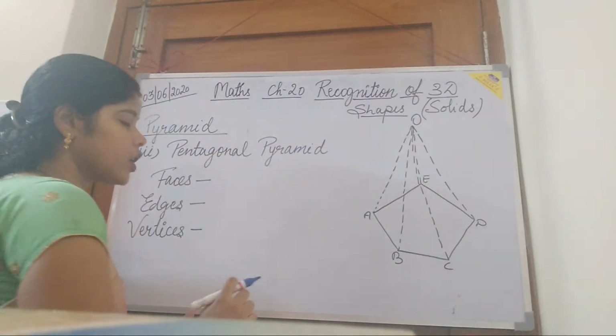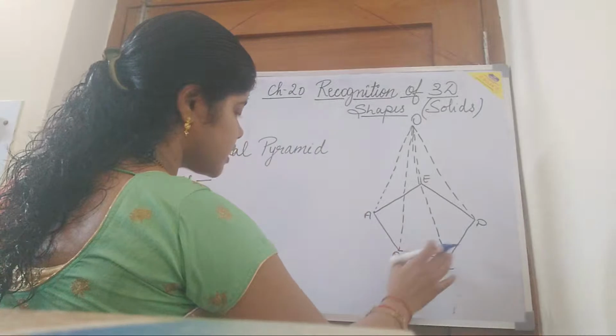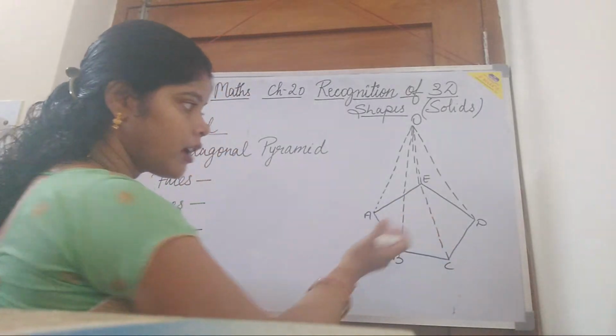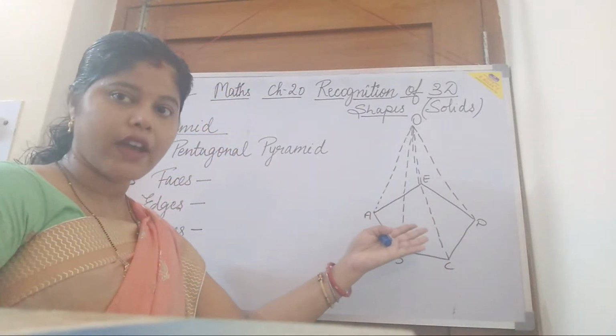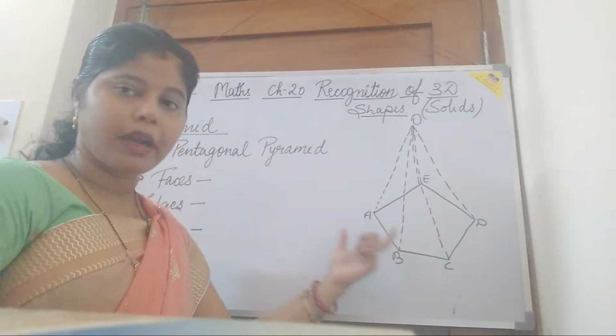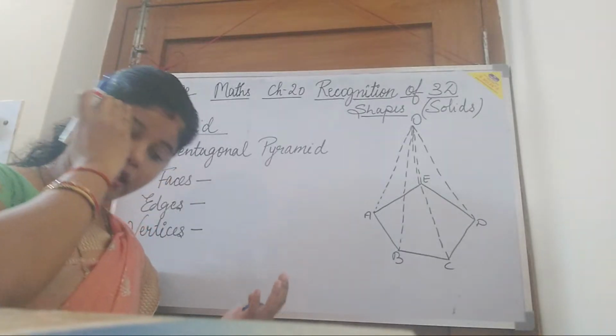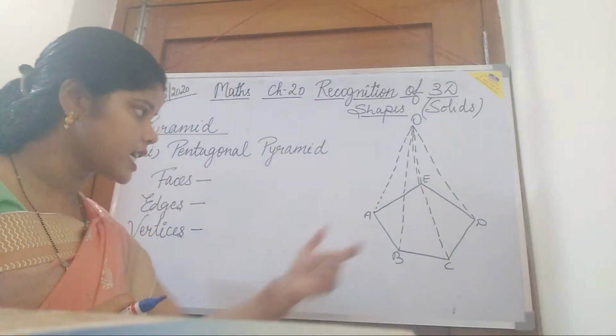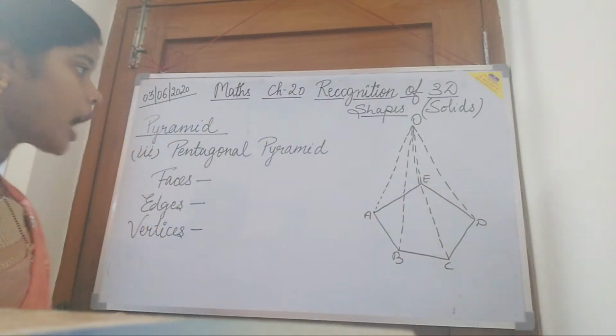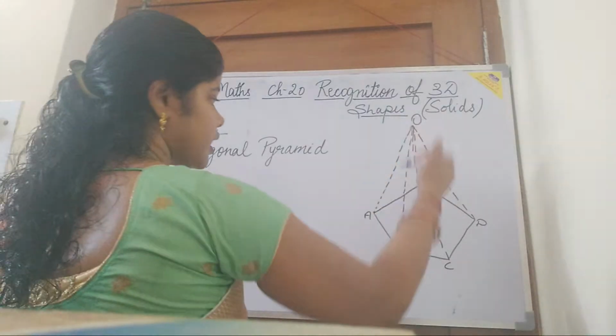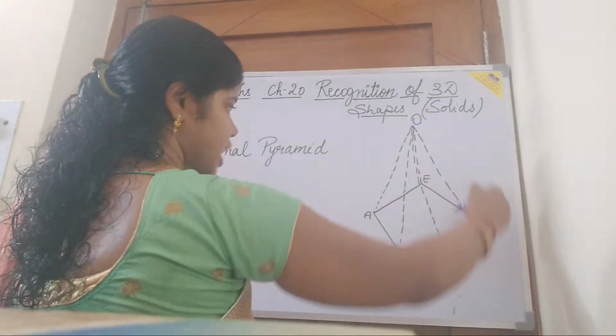So in this pentagonal pyramid, how many sides does the base have? Five sides. Pentagon means a figure which is having five sides, and the side faces are in which shape? Triangular shape.